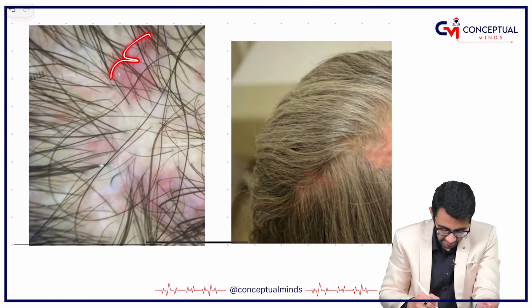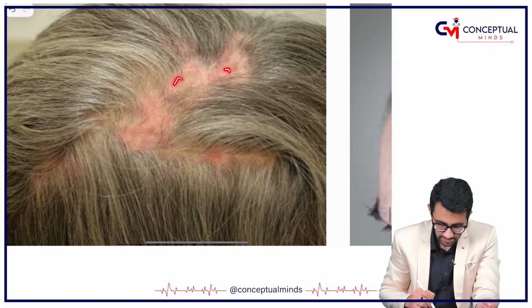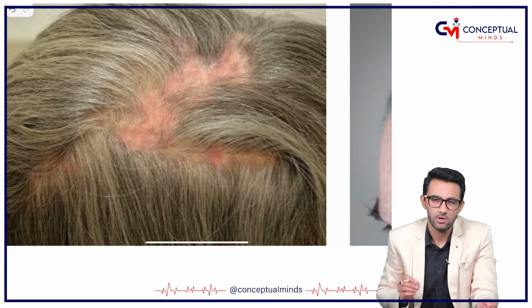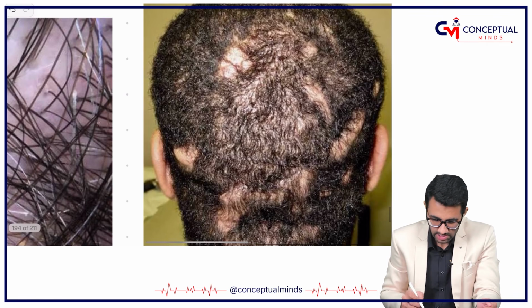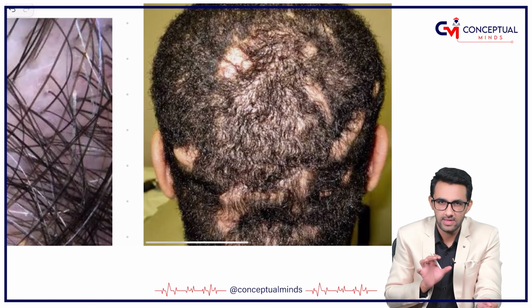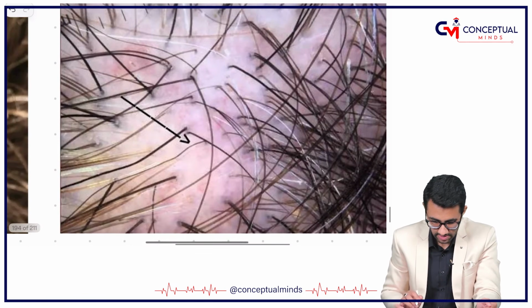You see this perifollicular extravasation, these hemorrhages. In all of this you cannot see any follicle which is open. All are closed. You see this shiny, flat area, it has a very clear base. Right here as well we see the sign, and from here the hair is going to break.